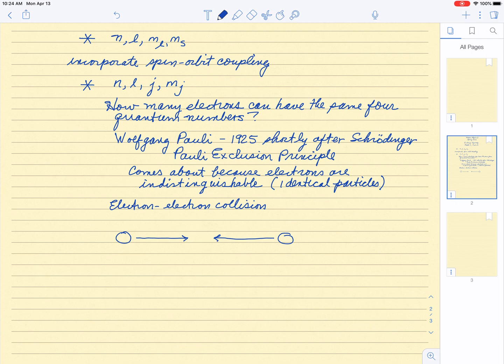They probably are not going to physically touch because of the electrostatic repulsion.